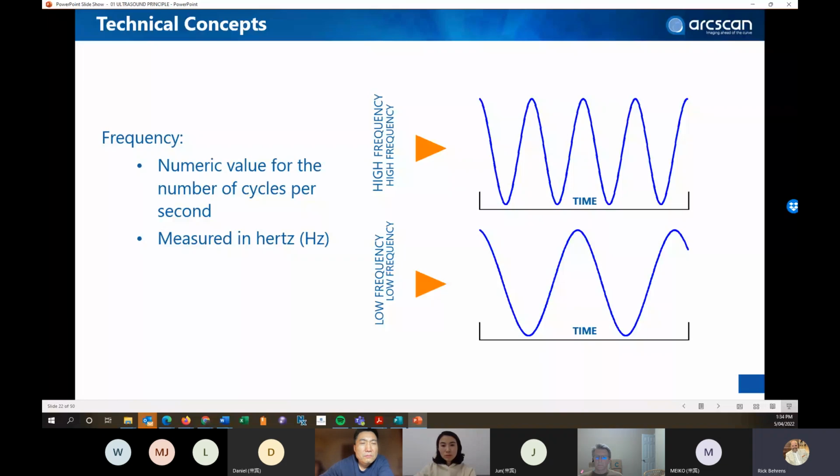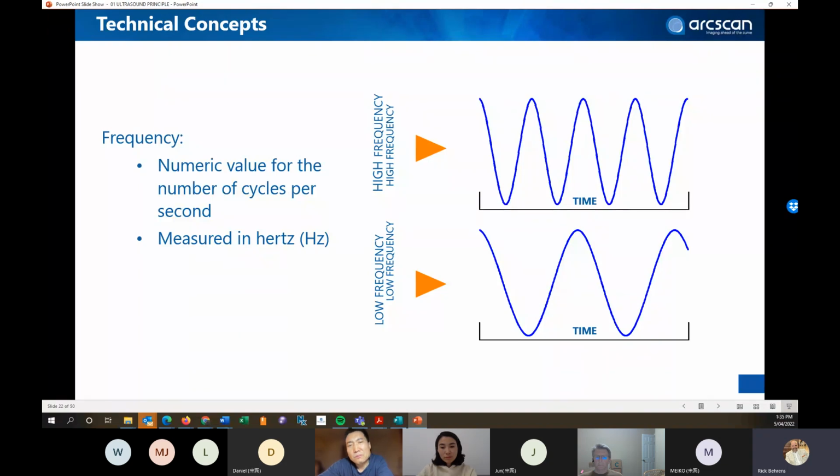A high frequency is going to have a shorter wavelength, and a low frequency is going to have a longer wavelength. It's counterintuitive. So a high frequency ultrasound is going to have a much shorter penetration, whereas a low frequency is going to have a long penetration.